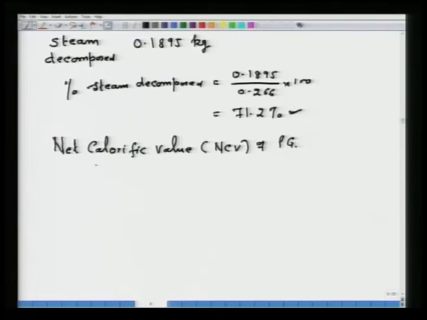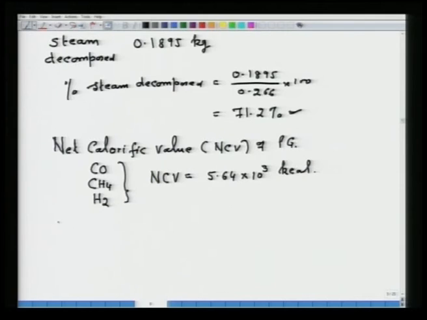The various heat of formation values are also available. So, straight away I can calculate the NCV of producer gas. The combustible components of the producer gas are carbon monoxide, CH4 and hydrogen. We know their heating values, we know how many kg mole they are forming. So, NCV will come out to be equal to 5.64 into 10 to the power 3 kilocalorie.